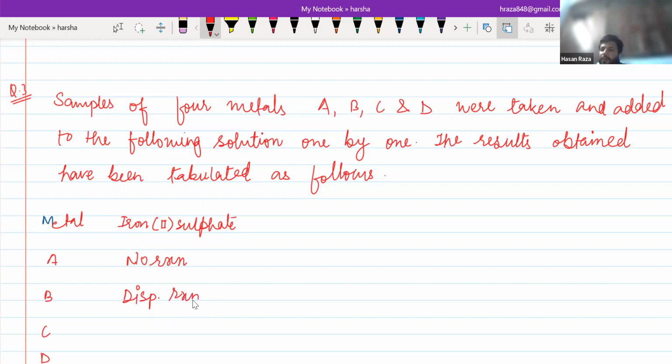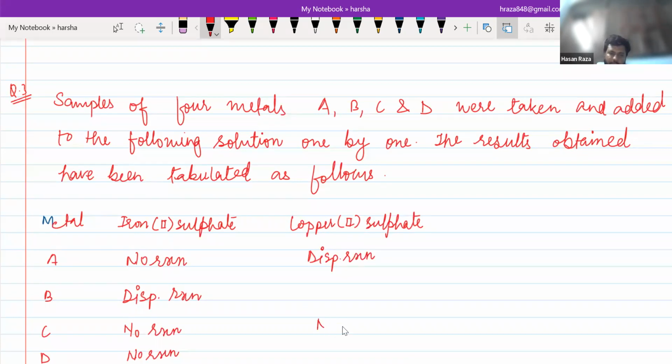RXN stands for reaction and DISP stands for displacement. Then again no reaction. Copper 2 sulfate. Do you know what this Roman numeral means? I will explain it. Please write it first. Then here displacement reaction. Then there is no reaction. Then also no reaction.